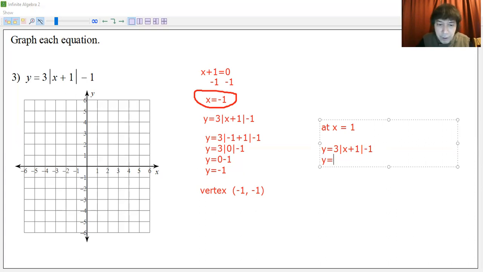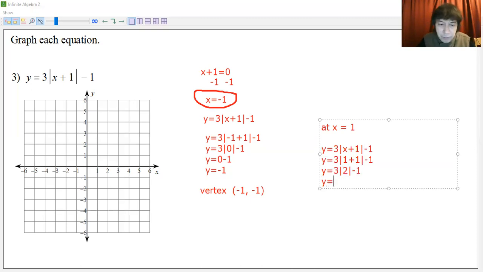So this is like 3 times 1 plus 1, okay, minus 1 there. And this will be 3 times absolute of 2, like that, minus 1.